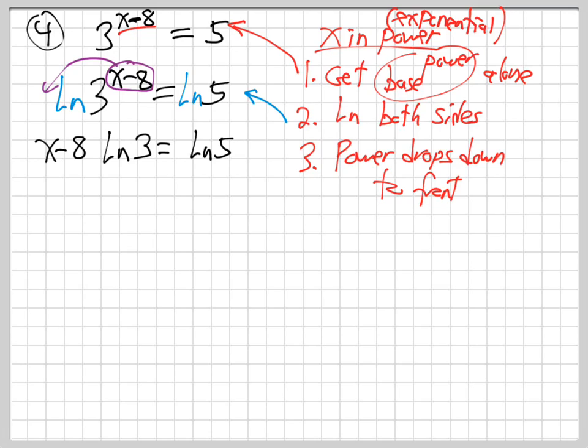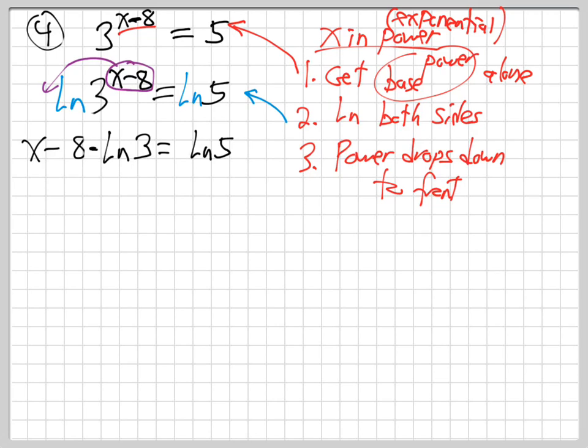Now the way I've written that is incorrect. What's wrong is you have to put parentheses around the x minus 8. Why? Because otherwise, if you don't have the parentheses, it means only the 8 is multiplying the ln 3, and the x is just out here separate, like x separate, subtract 8 multiplied with ln 3. That's what that means if you don't put parentheses.